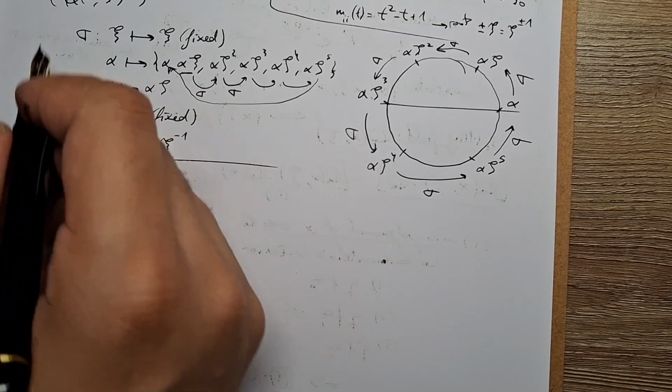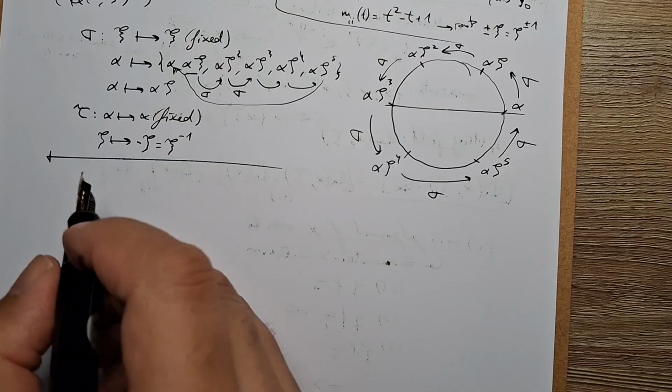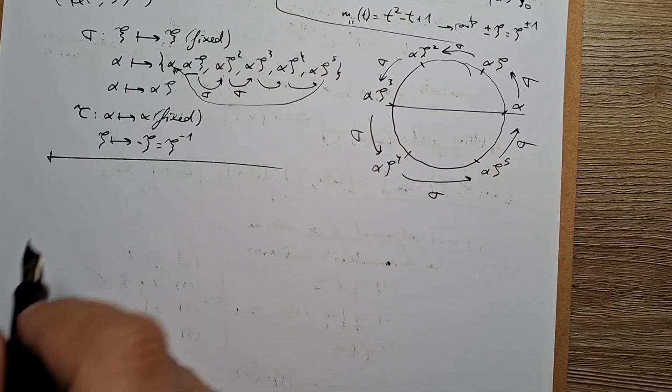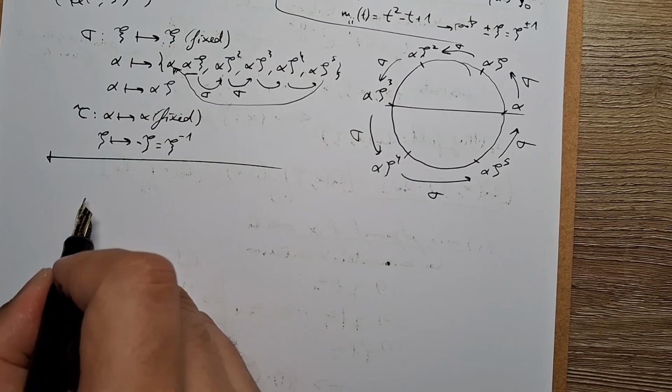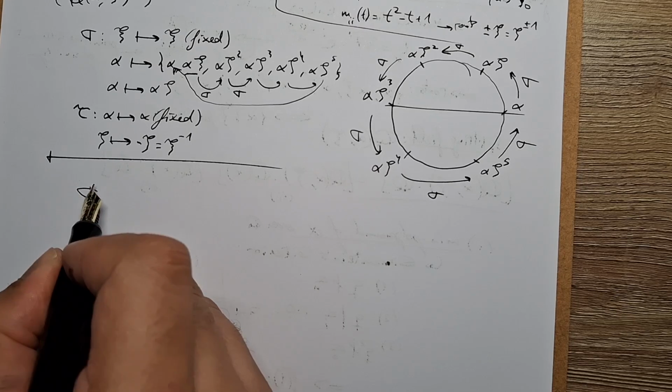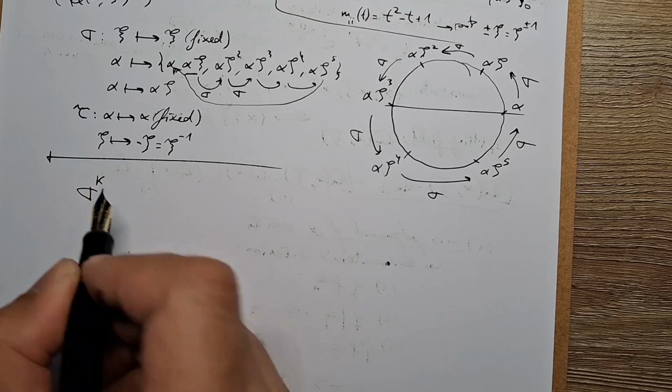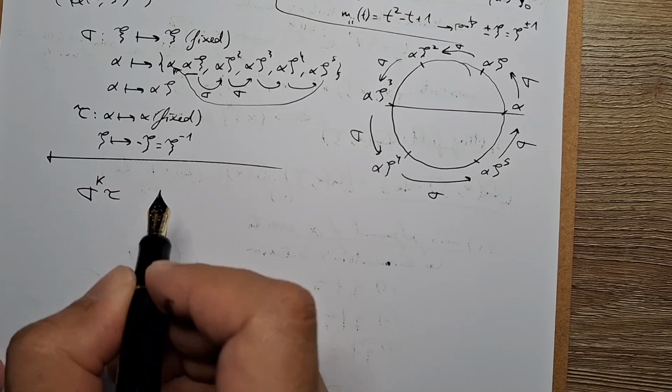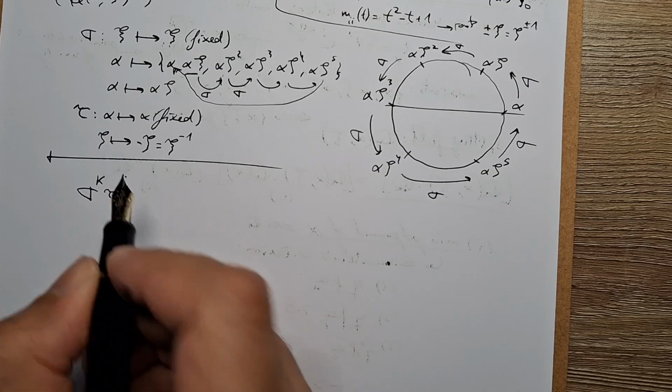In other words, these two Q-automorphisms, we can also combine them. So let's write the final combination of them. We have sigma to the power of k combined with tau to the power of j.